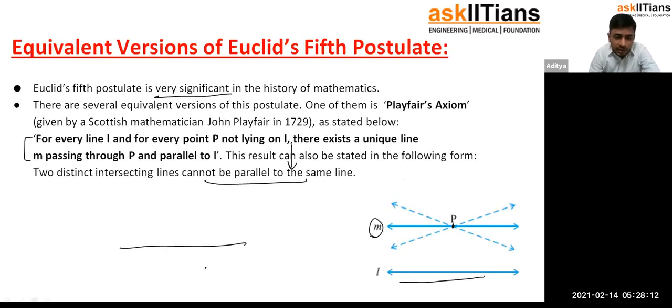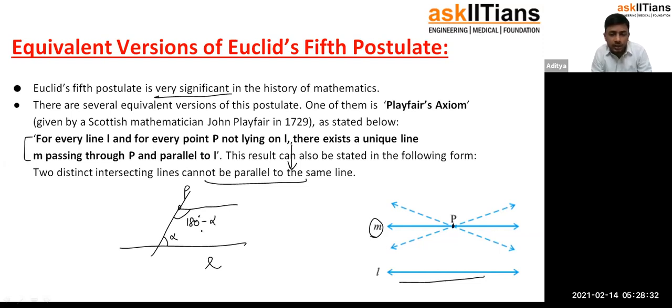So if there is a line L, there is a point P, what we can try to do is make a transversal or any line which is passing through P, and let us say if this angle is alpha, then we should try to make a line which is at an angle 180 degree minus alpha.